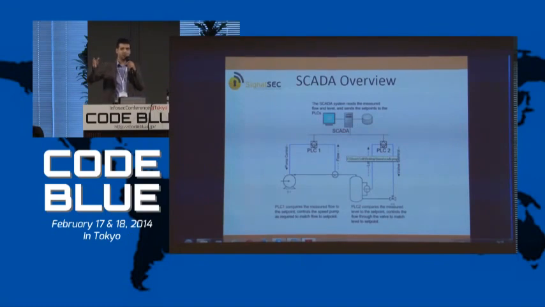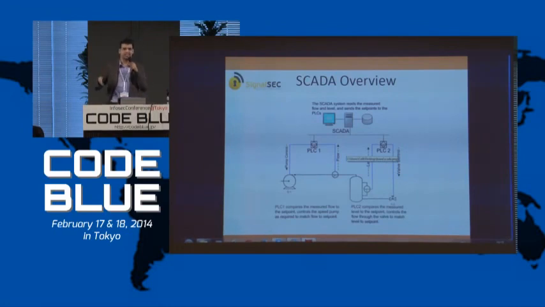HMI software is a component of a SCADA system. There are more components, such as PLC and RTU devices, and also the actual industrial equipment, such as water pumps and valves.